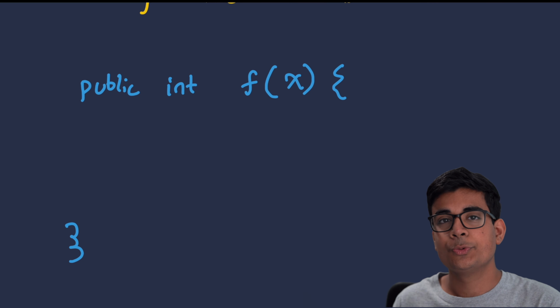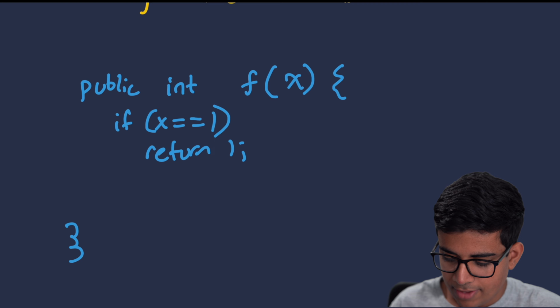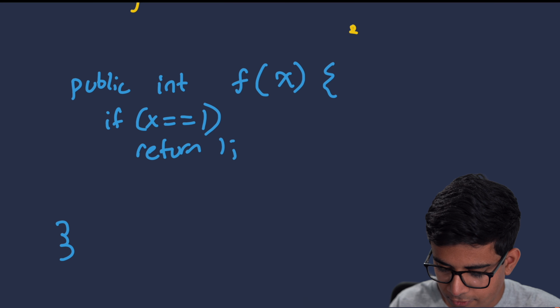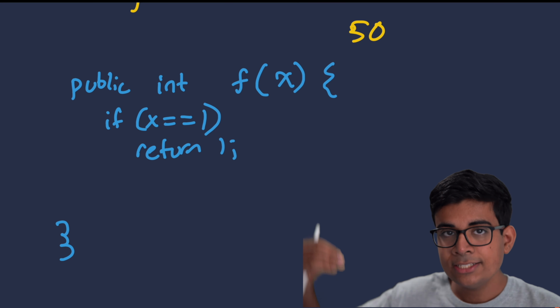And now, because my base case has been established at 1, my inputs of x need to start moving towards that value. So let's say my x is 50. I need to start getting that closer and closer down to 1.